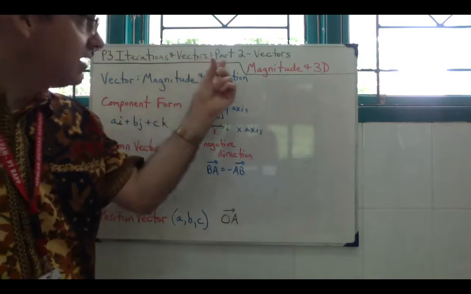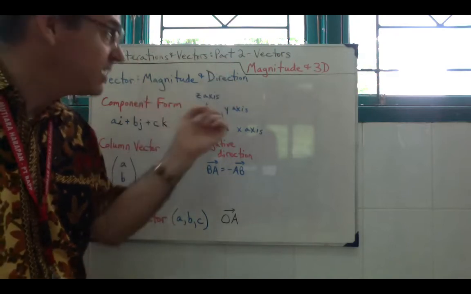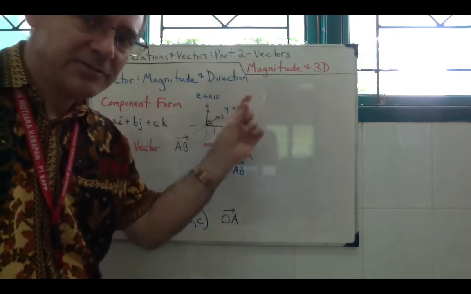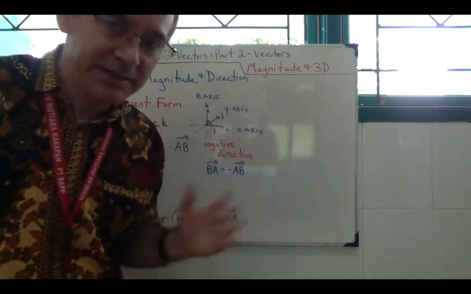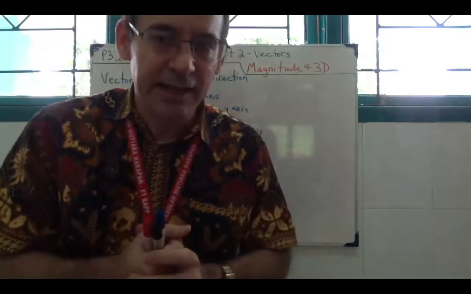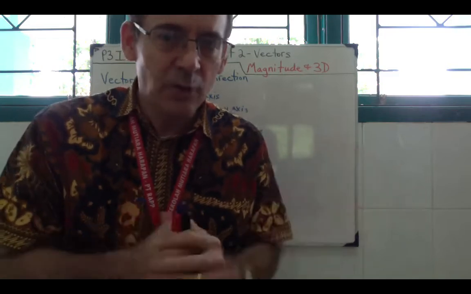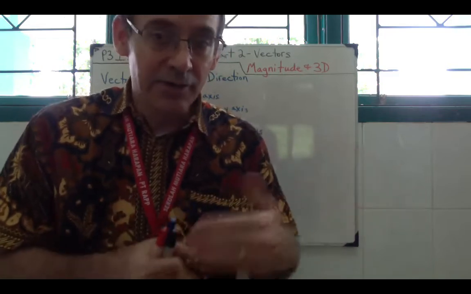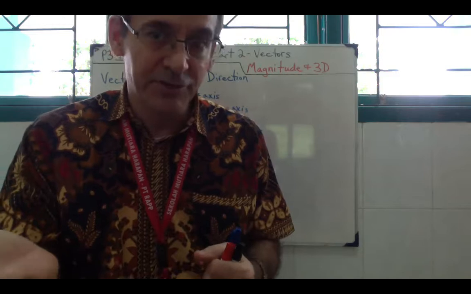And here in part 2 for this unit, we're now getting to vectors, and we're going to look at magnitude and 3D vectors. Now let me take a moment just to explain what has happened in the syllabus change. In the old syllabus, there was a section of vectors in Pure Maths 1 and a section of vectors in Pure Maths 3.